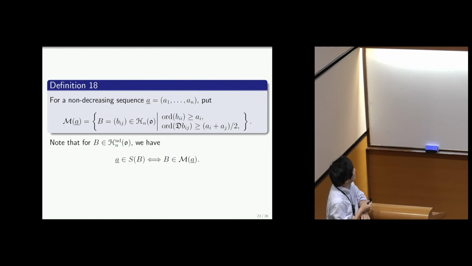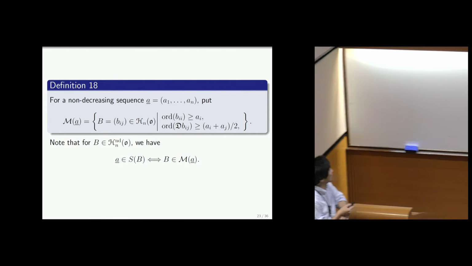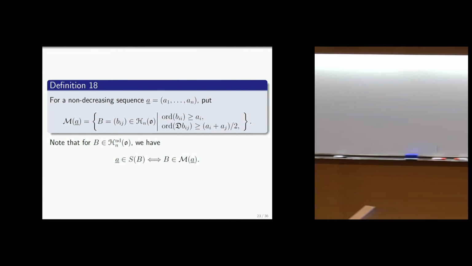Now, non-decreasing sequence. For a non-decreasing sequence A, put M of A to be the set of semi-integral Hermitian matrices B such that order of B_ii is greater than or equal to A_i, and order of B_ij D is greater than or equal to (A_i plus A_j) over 2.